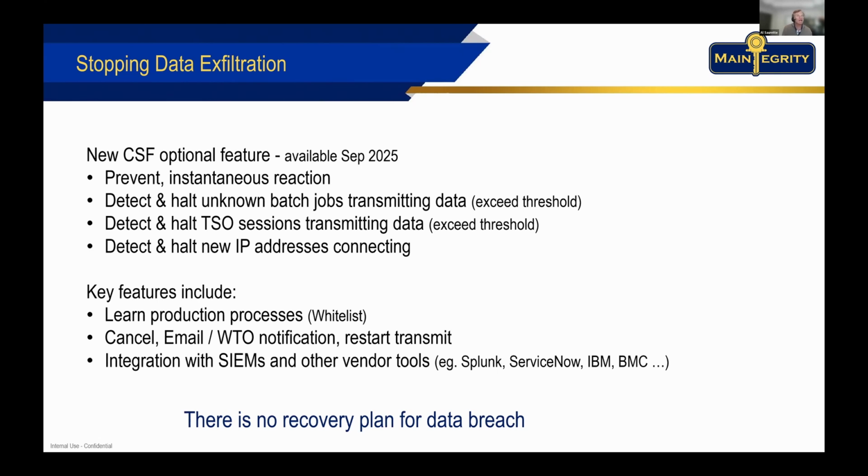So not only do we want to protect you from a new unknown IP address attaching to an application for the very first time, yes, we do that. But more importantly, if it's an old trusted connection that starts to ask for a different kind of information or starts to ask for a different volume of information, those are the kinds of things that say you need to take action and you need to see this.